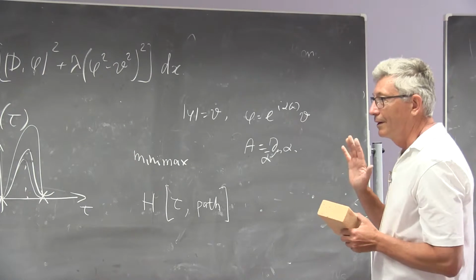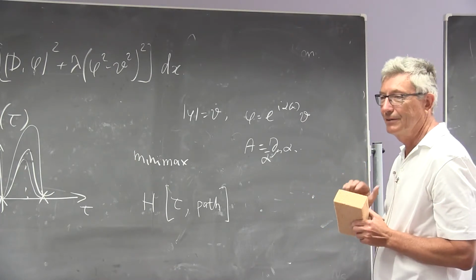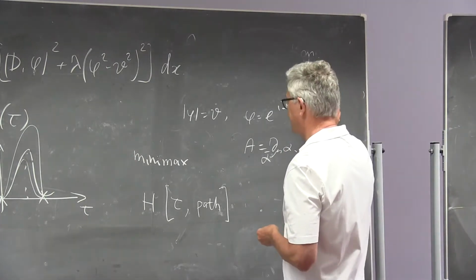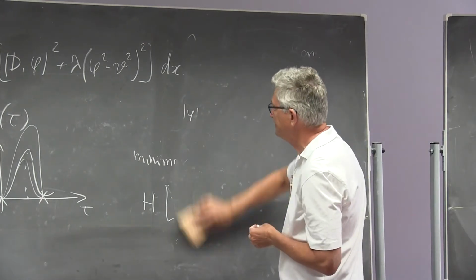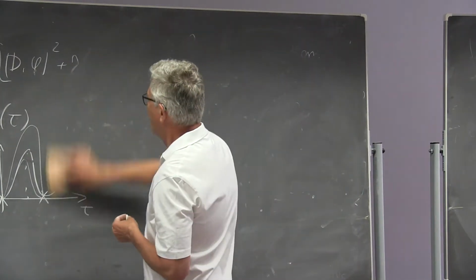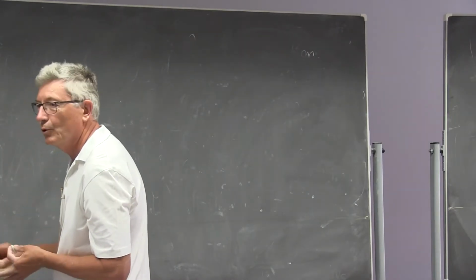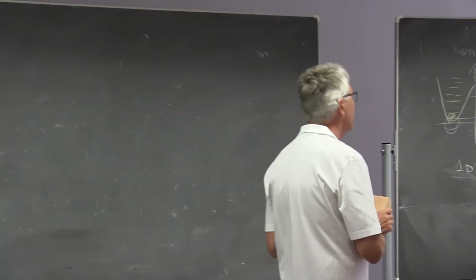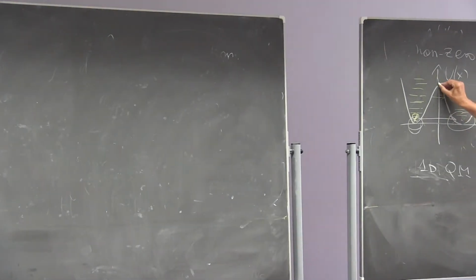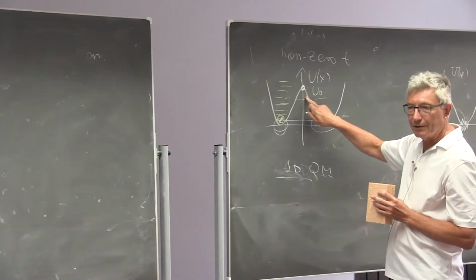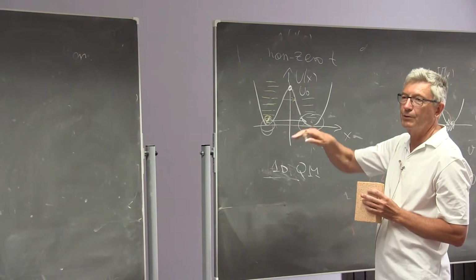Okay, so what I'm going to do now: let's see what would be an analog of the top of the barrier in our 1+1 dimensional theory.